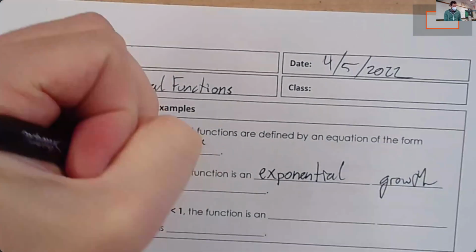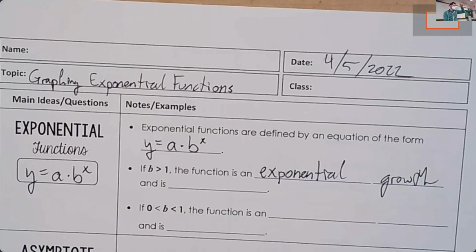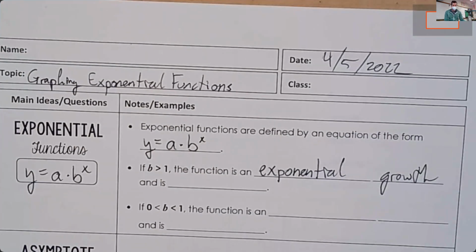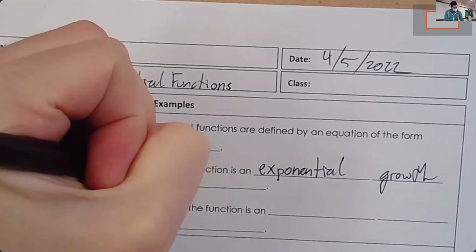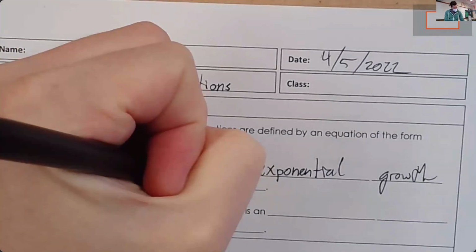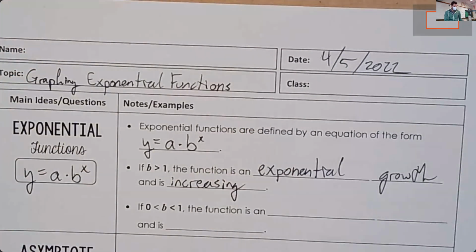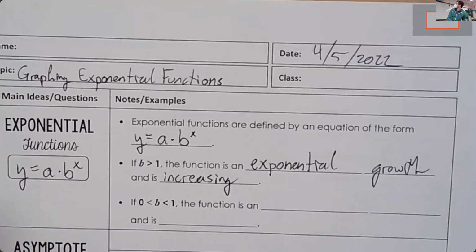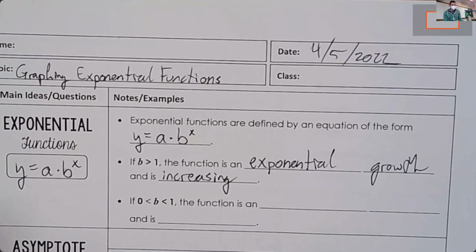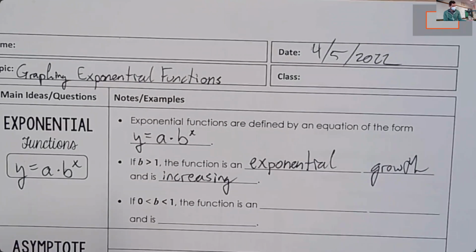As you look at the function from left to right, it'll end up going in an upward direction. So that would be increasing. And if the value of b is less than 1, but still greater than 0, so if it's like a fraction that's less than 1, that would be exponential decay.